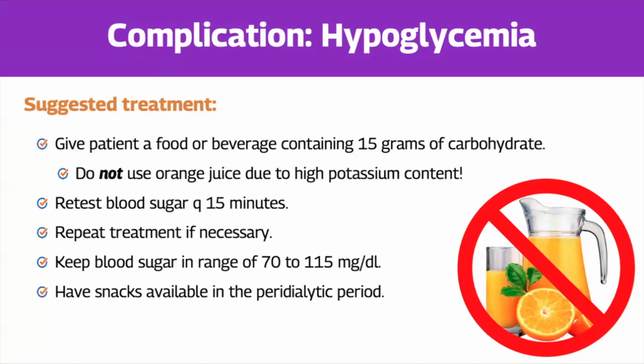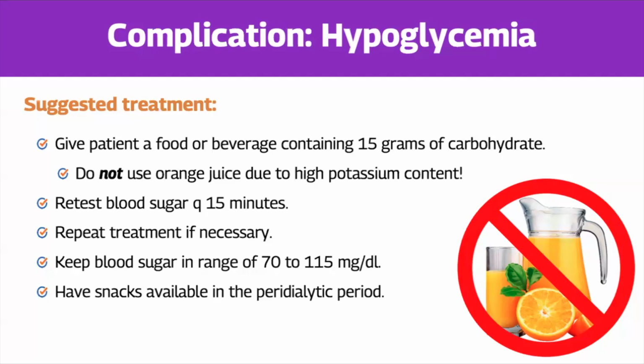But in our kidney disease patients, we want to give them that 15 grams, but not in the form of orange juice, which is very high in potassium. So it's better to use grape juice, apple juice, or one of those emergency gels that are kept on crash carts or in the cabinets for patients that have high or low blood sugars.